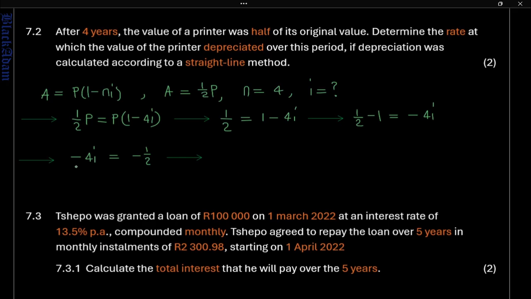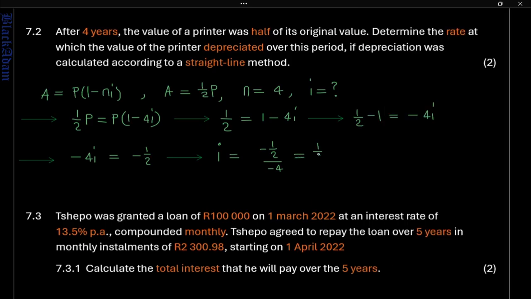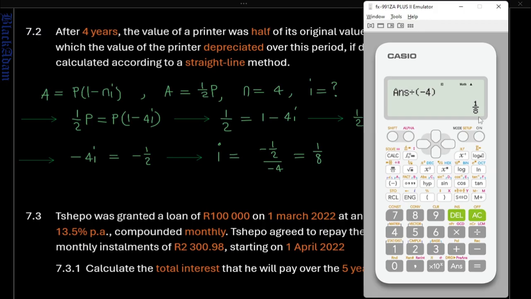We divide both sides by negative 4, so i equals negative half divided by negative 4. Negative over negative is positive, and half divided by 4 gives us 1 over 8. So that's our rate.